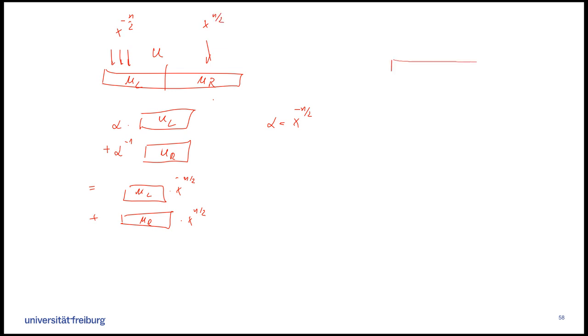If you do this recursively, that means I multiply everything with x to the power of minus n half and everything with x to the power of n half. In the next round this is folded, but inside the folding, these numbers still exist in the sum. So the next round I get x to the minus n over four, x to the n over four, x to the minus n over four, and x to the n over four.